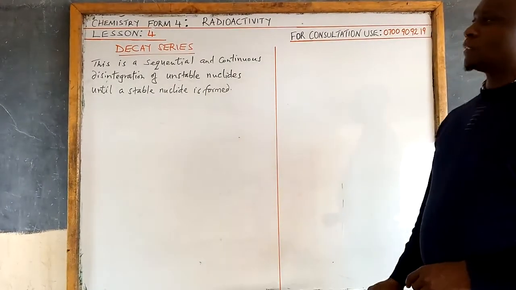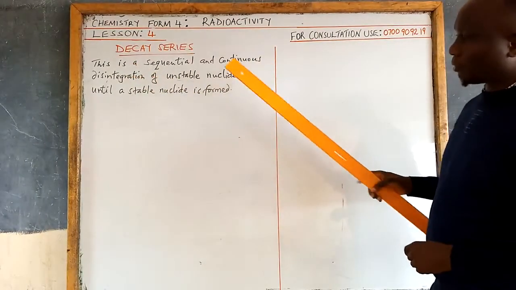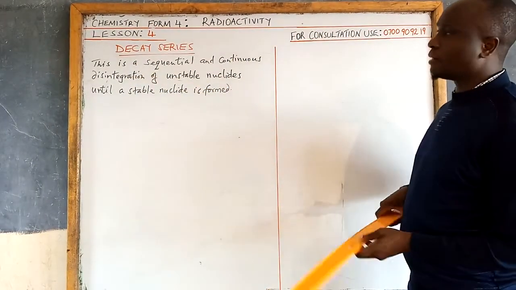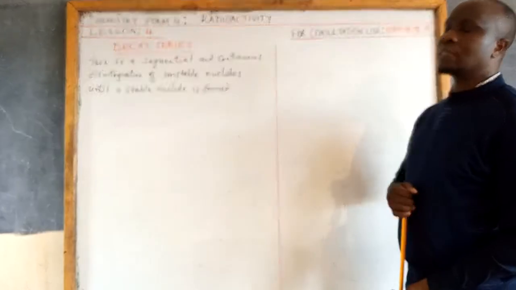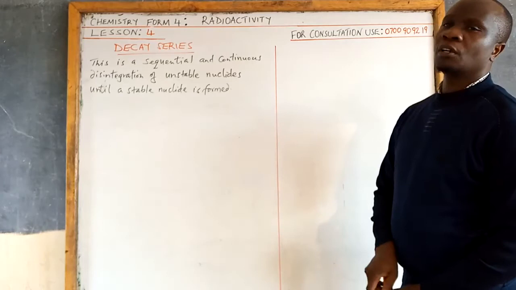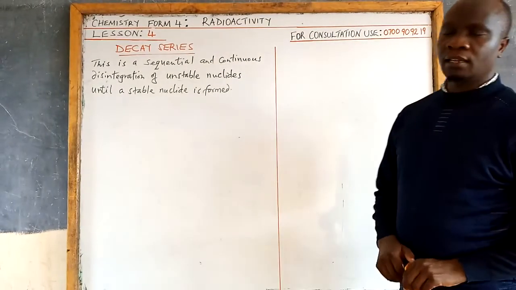So, what is a decay series? We defined this in the introduction among the terms. We say that a decay series is a sequential and continuous disintegration of unstable nuclides until a stable nuclide is formed.